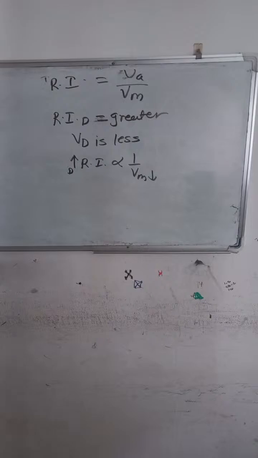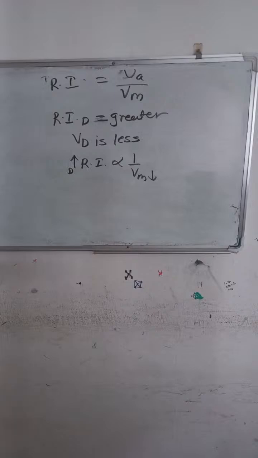Here diamond is given 2.42, so that refractive index is more, which means velocity is less. Here the refractive index of water is given as 1.33. They are asking first, in which medium does the light move faster, water or diamond?